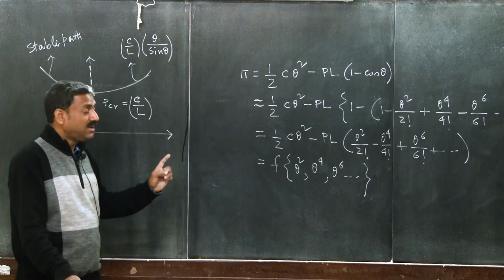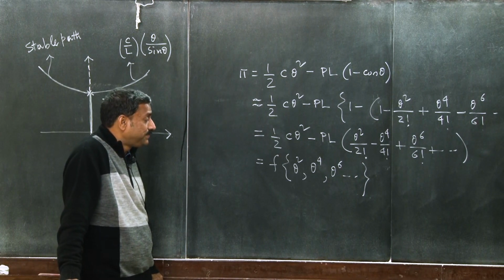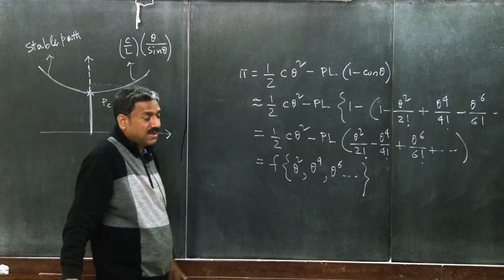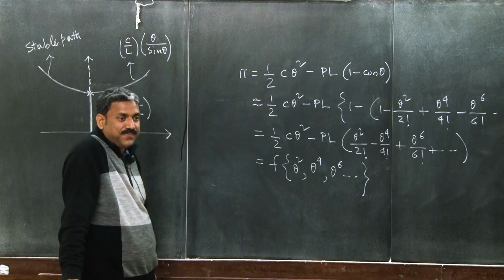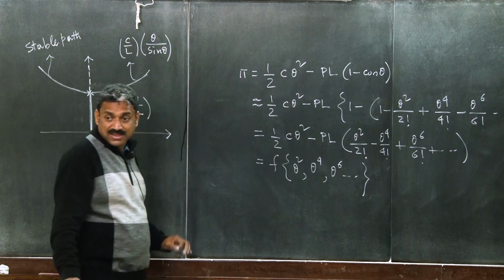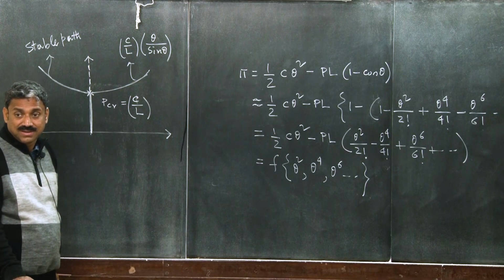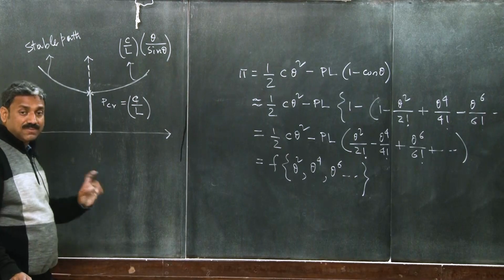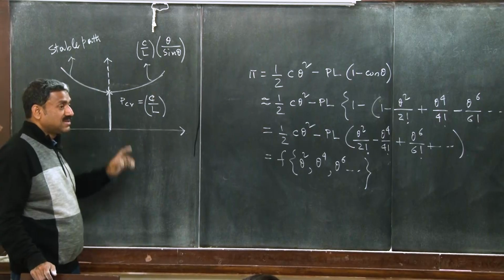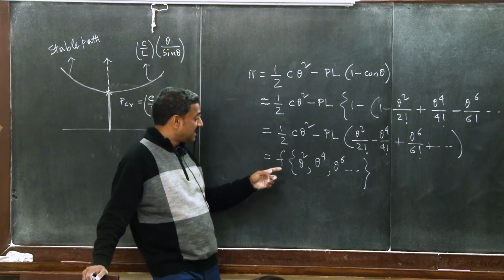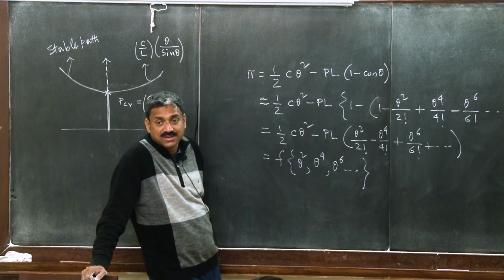This is very important, very interesting, and if you substitute over there, you will also see that the equilibrium path P remains the same. So this is a characteristic of a system which shows symmetric bifurcation. Whether it is stable or unstable, that is a different matter. But a symmetric bifurcation system is essentially characterized by these even terms in the potential energy functional.